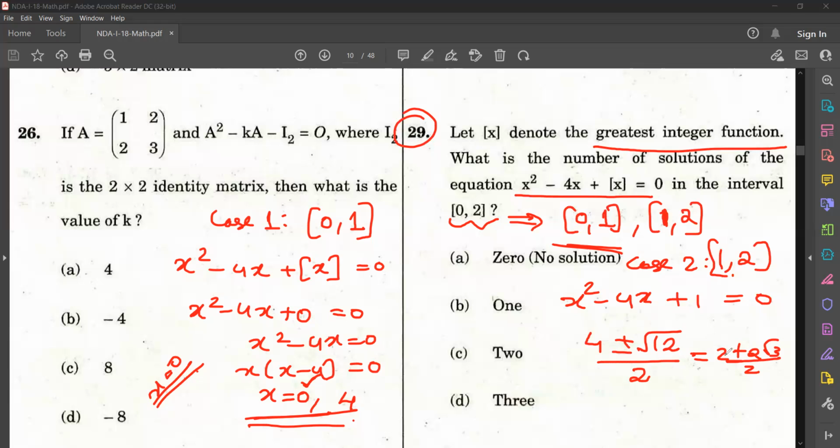I'm cancelling every 2. So it will become 2 plus or minus root 3, isn't it? Because 12 I can write as 2 root 3, and cancelled all the 2's. So what are the possible values? 2 plus or minus root 3.